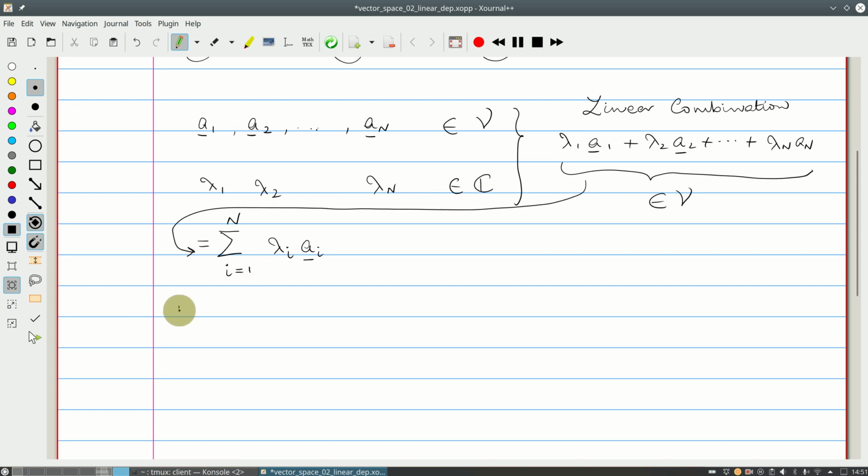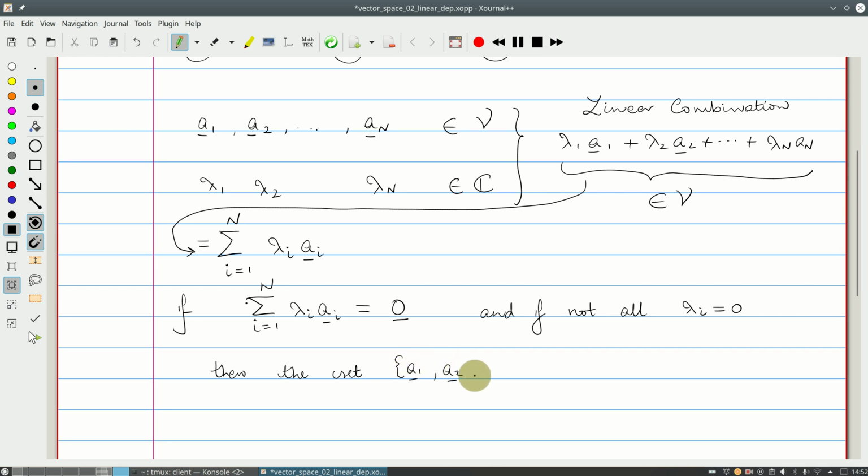Now if this linear combination, so it's a big if here, the sum i goes from 1 to n of lambda i ai is equal to the 0 vector, and if not all lambda i are equal to 0, that means some lambda i is non-zero, then the set A1, A2, etc. is said to be linearly dependent.